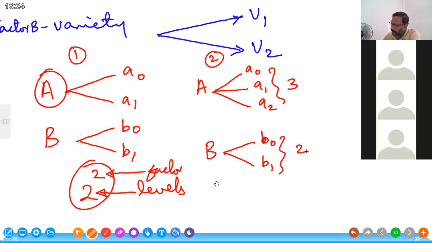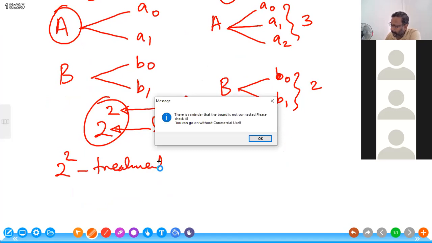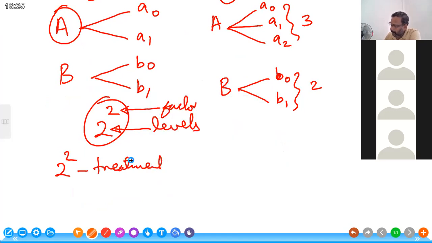So in the first case, it is called 2 to the power 2 treatment combination. Treatment combination.